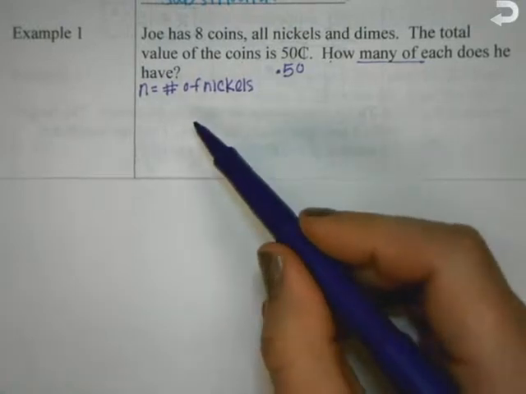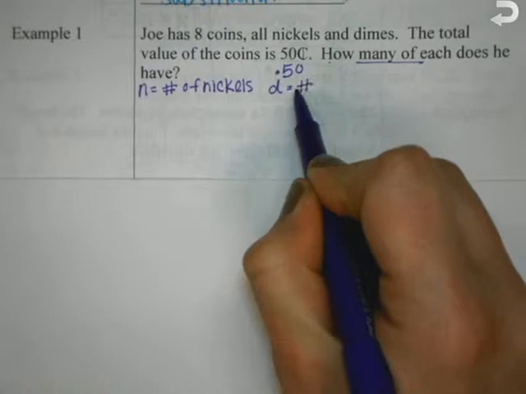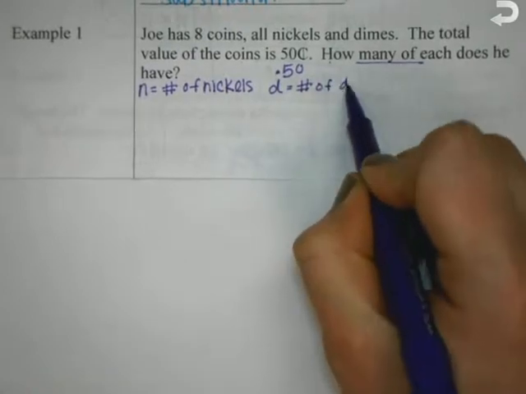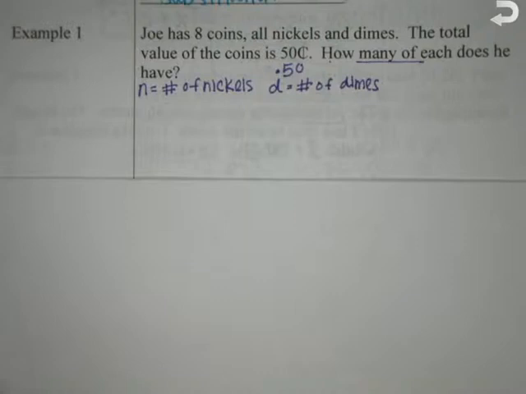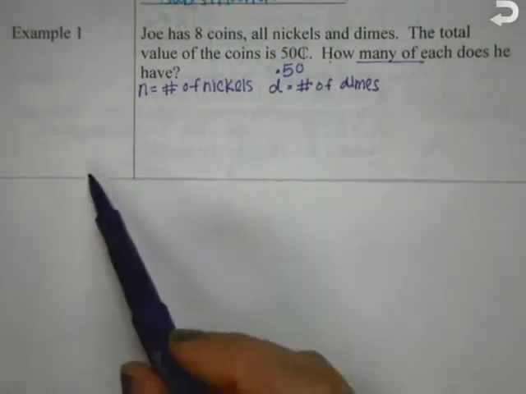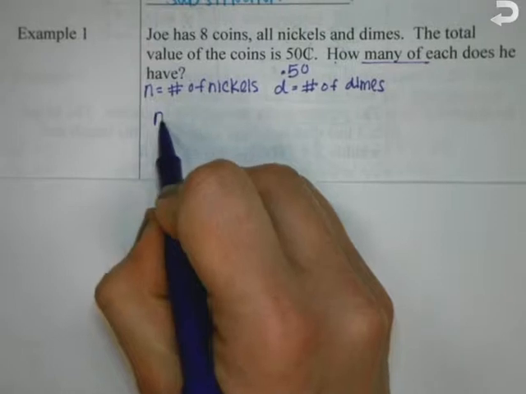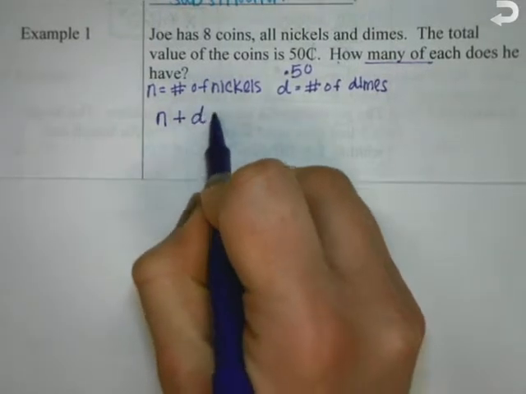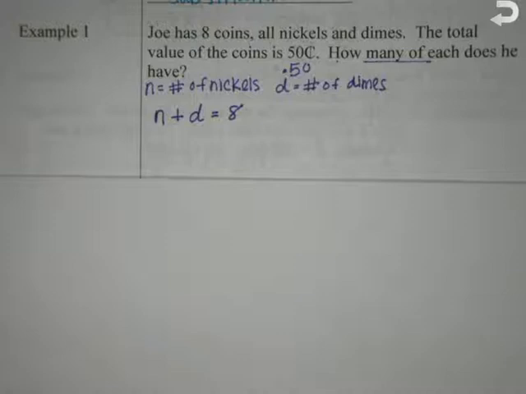What about dimes? D. So D is going to be the number of dimes. Okay, so Joe has 8 coins, all nickels and dimes. So how can we write that? N plus D equals 8. So our first equation is just for the total number of coins. All my nickels plus all my dimes gives me 8 coins.